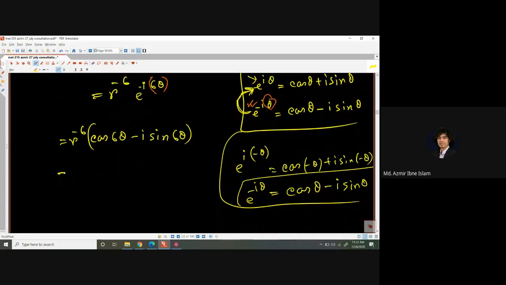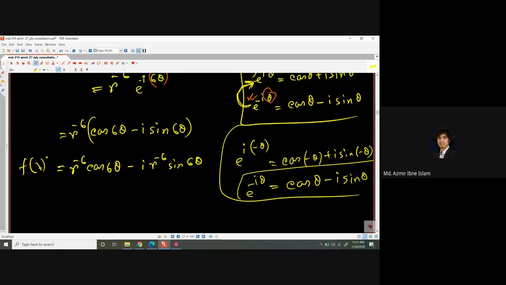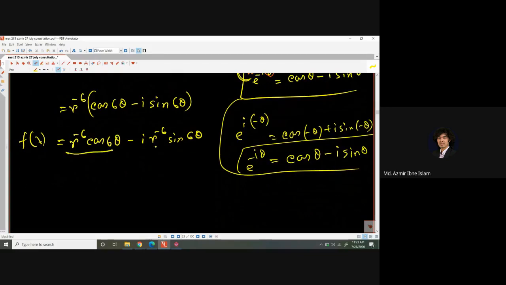So we have r to the power negative 6 cosine 6 theta, negative i r to the power negative 6 sine 6 theta. So this is f of z.